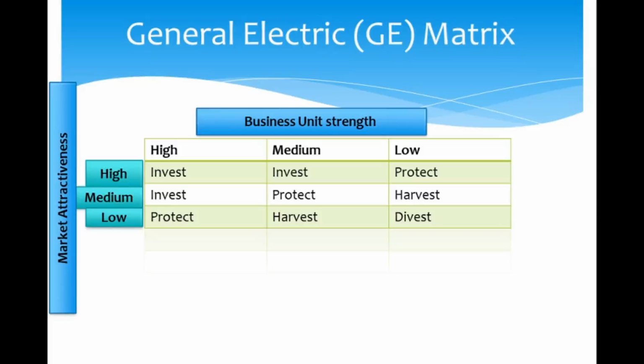So, divest, I don't need to explain to you all. It is basically where you either have to sell off your business organization to another company, or you need to liquidate your company. It is the last resort which is adopted by the organization. Now, that is the General Electric matrix.